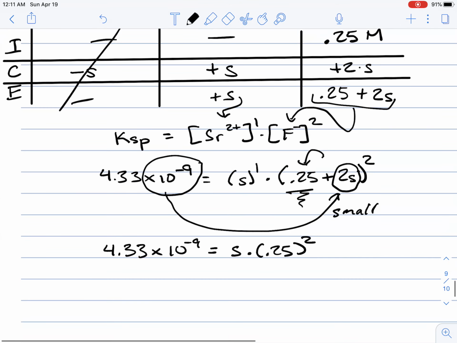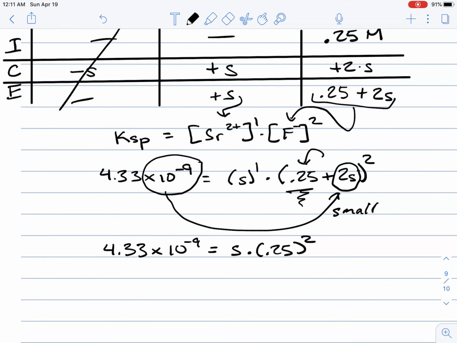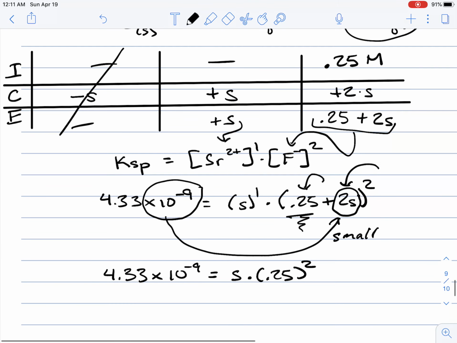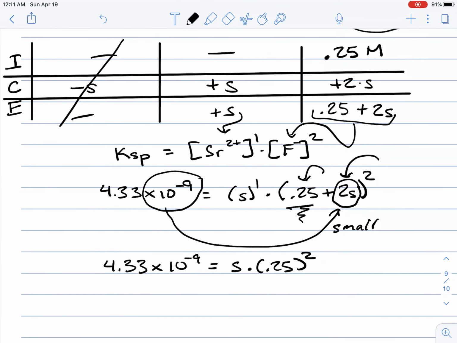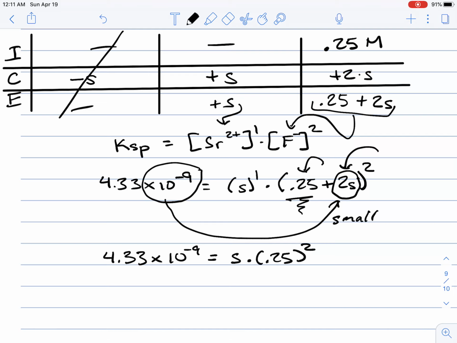Okay. So whenever you are comparing some type of change to that of an actual value, and it's far, far less than 1, you can go ahead and ignore that term.